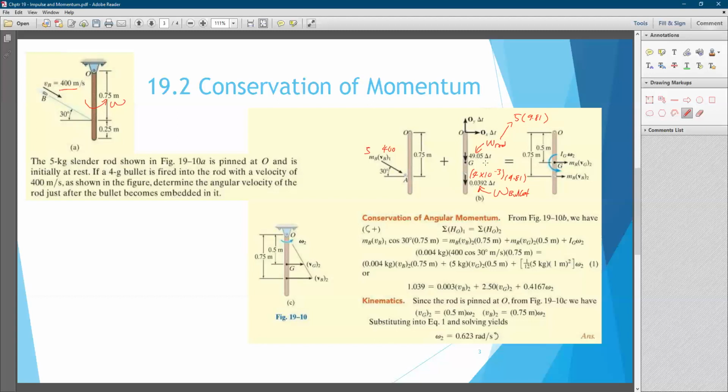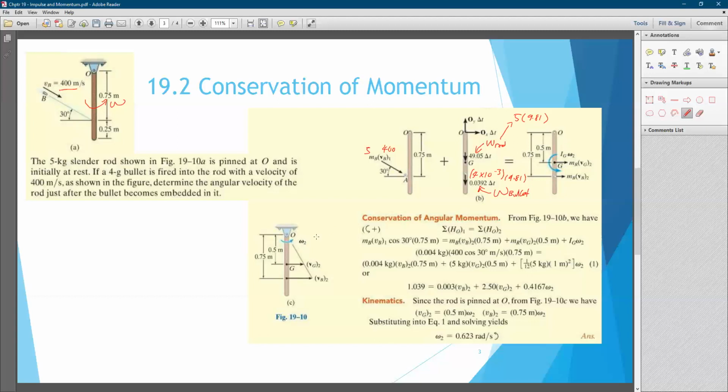Then on the right hand side, you can see that right after the impact, this particular rod together with the bullet which sticks to it will swing like this.